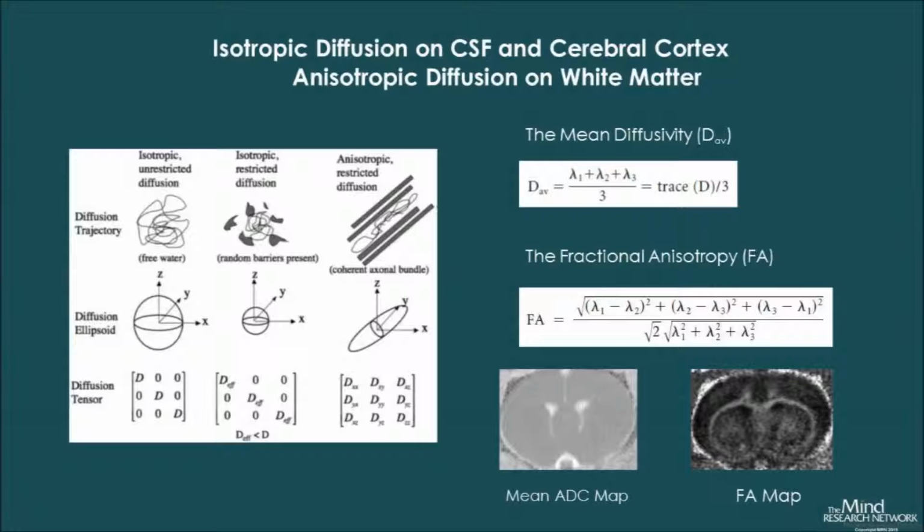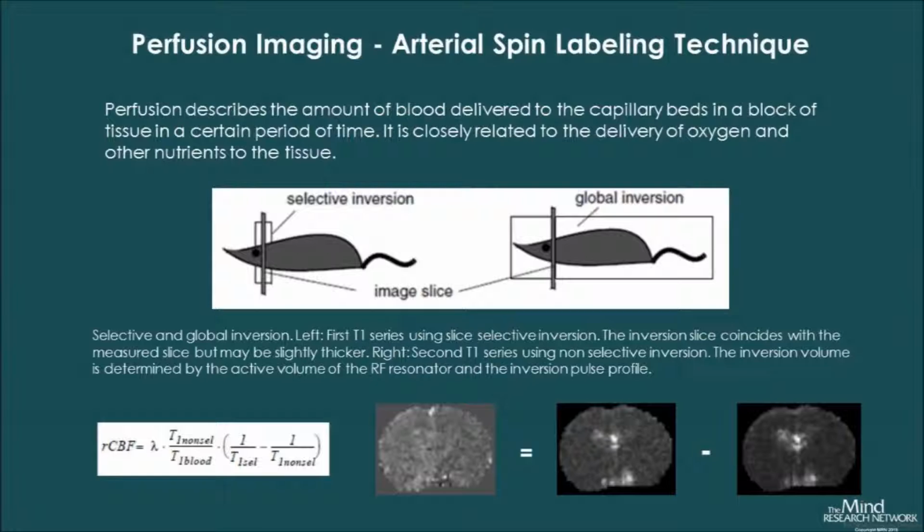One is the mean diffusivity, or mean apparent diffusion coefficient, the ADC value, and the other is the fractional anisotropy, the FA value. So we can see a typical red-green-blue map. From the mean ADC map, we can hardly see the white matter contrast to the gray matter. But on the FA map, we can easily identify the white matter fibers. So usually FA is used to quantify white matter injury during stroke.